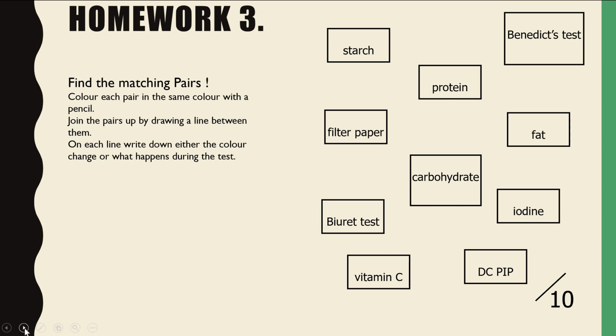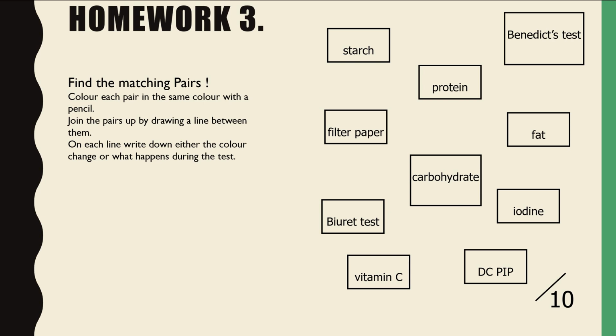So find the nutrient and the chemical that you would use to test it and colour in the boxes in the same colour. So for example, if you think that we use DCPIP to test for starch, you would colour in those 2 boxes the same colour. Obviously we don't. You should be able to identify what we do use to test for starch.